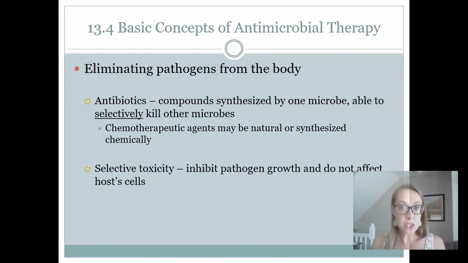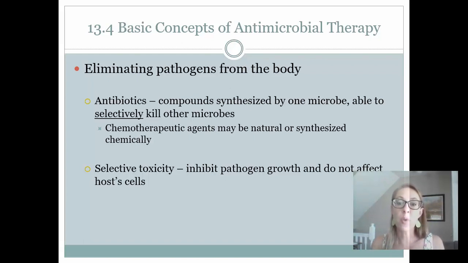If, as a species of bacteria, you can make an antibiotic to kill off your competitors, that's a good thing for you to have. So many of our first antibiotics were isolated from microbes that made them naturally.